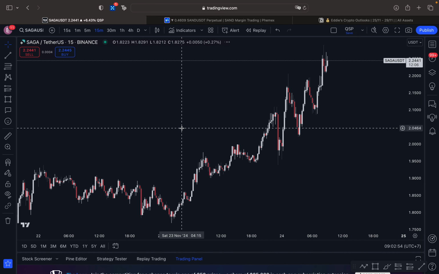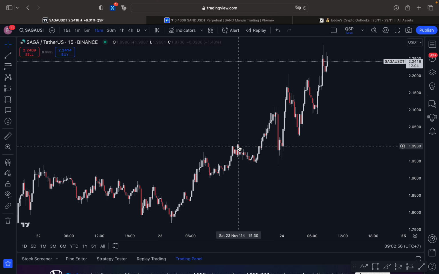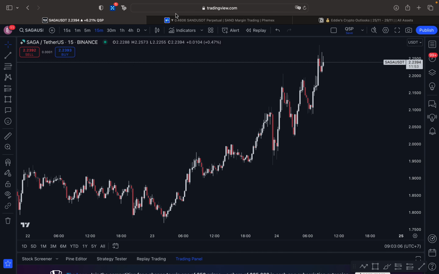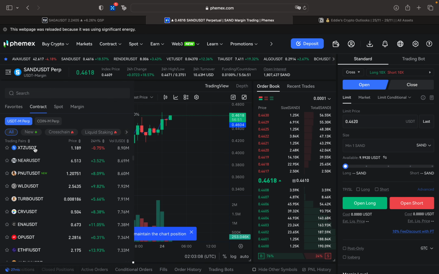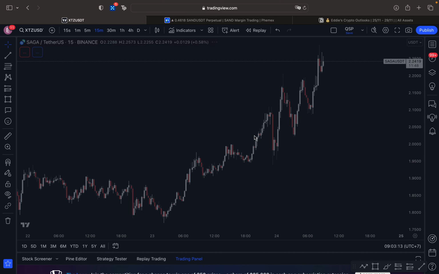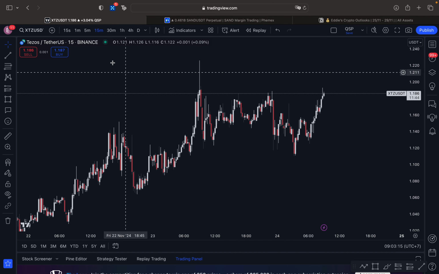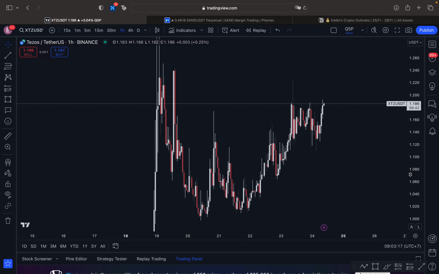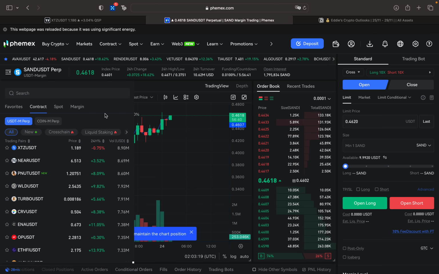Do you guys see the water in the back? Or is it just me? Ugh, that should be better. I'm not forcing this trade as well. XTZ. Ooh, ooh, ooh. No, never mind.